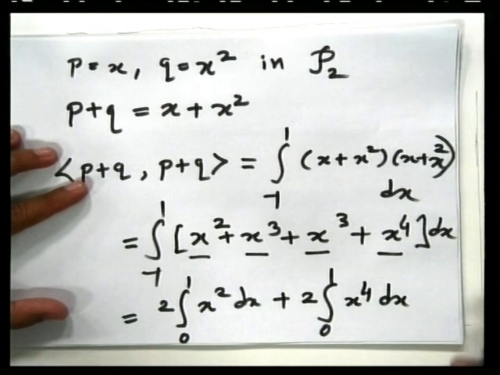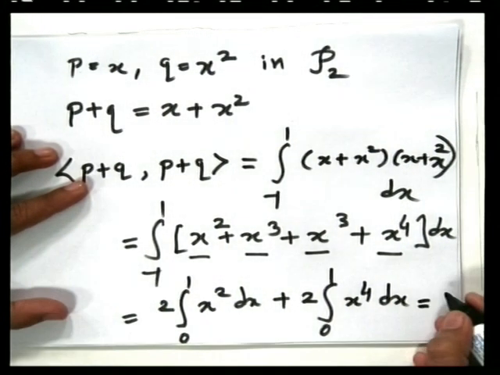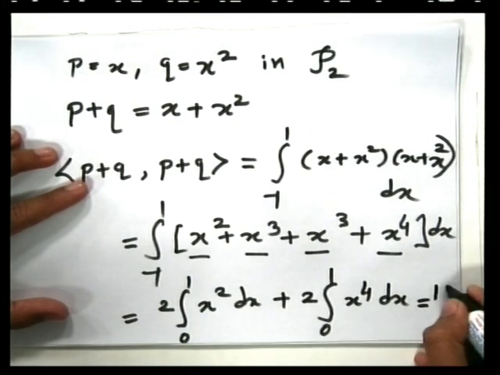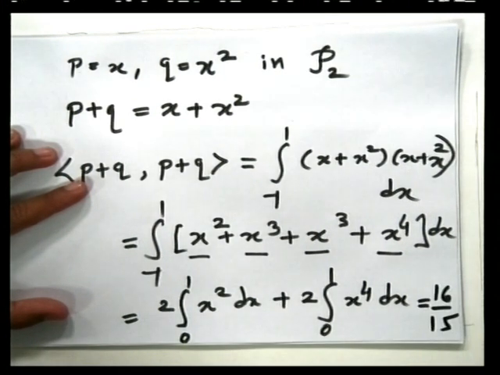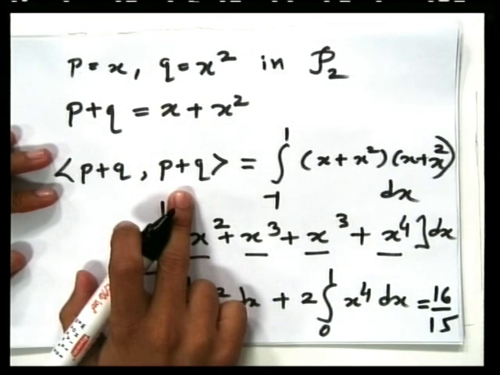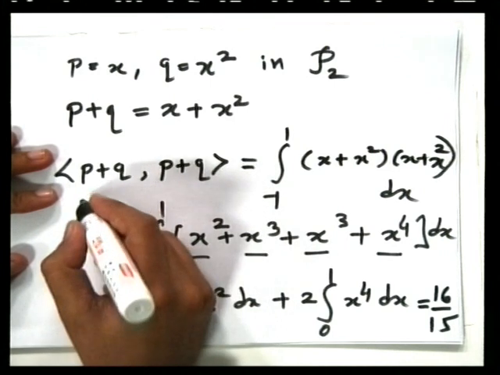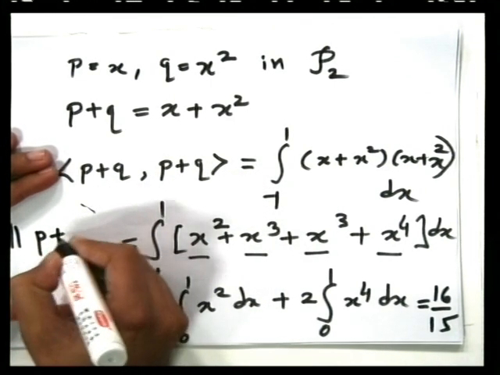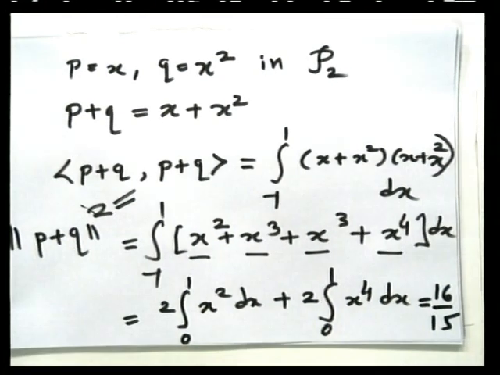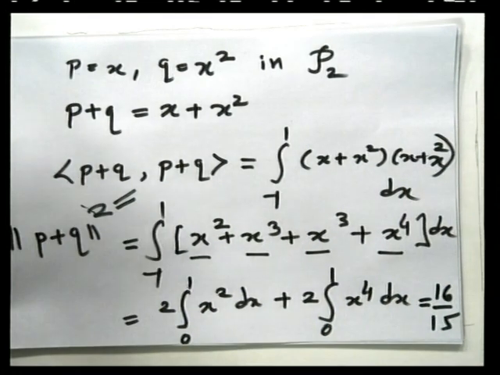Okay, and on simplification we have this equal to 16 by 15. So this is the inner product of p plus q with itself. Okay, and so this is the square of the norm of p plus q actually, right? And so it is also 16 by 15.